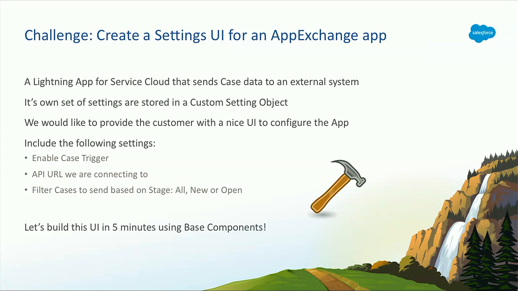We will need one setting to actually enable our trigger that sends the cases out. We will need a field that lets us specify the URL of that third-party outside system that we are sending to. And we will need, for example, a filter to specify if we want to send all of the cases to that third-party system, or just the open ones, for example.